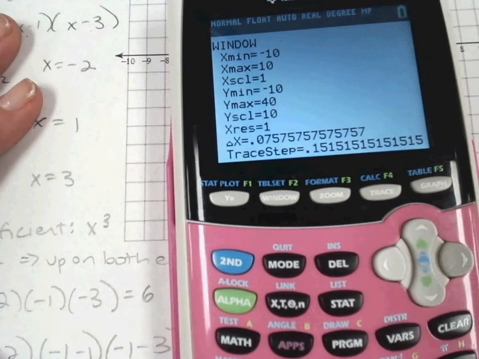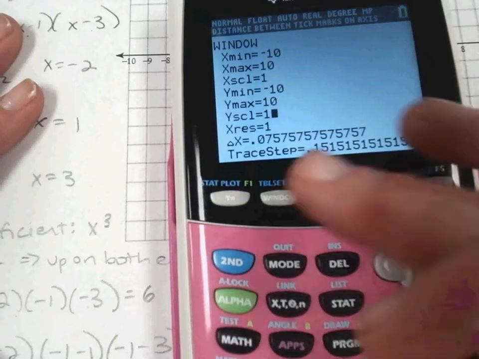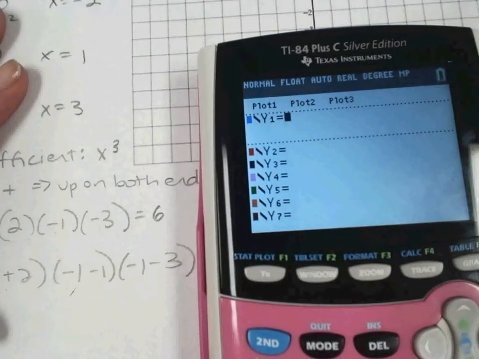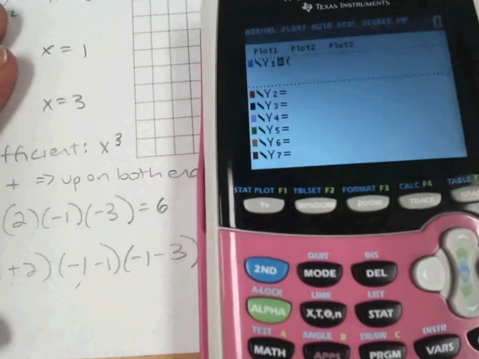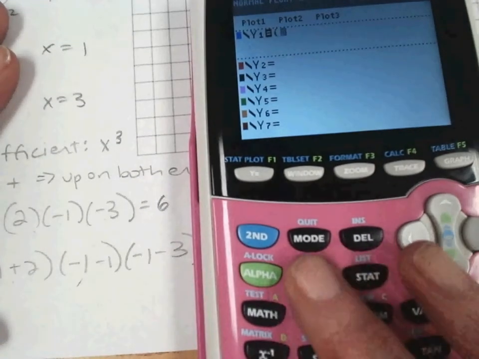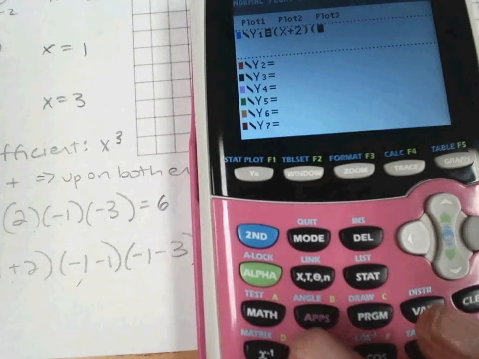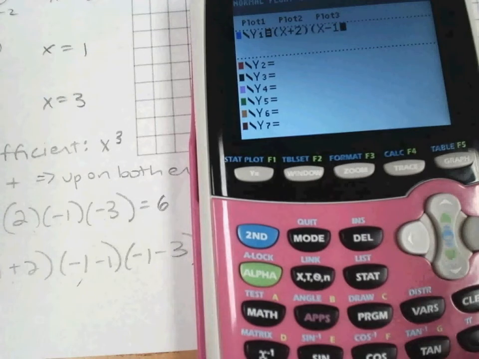So -10 to 10, and again -10 to 10. I'm going to go by ones. I'm going to graph, and I can actually graph this in factored form. So x, here's our x key, x plus 2, x minus 1, x minus 3.